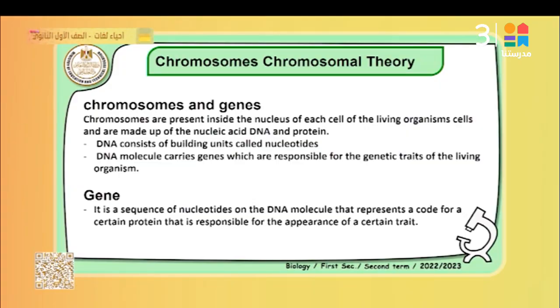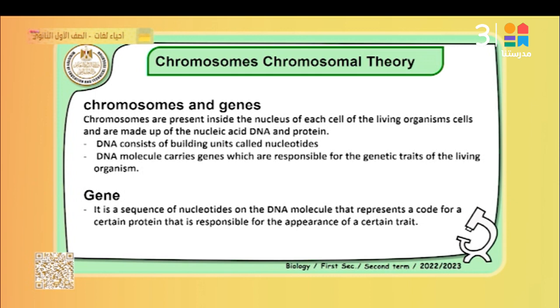Chromosomes and genes: chromosomes are present inside the nucleus of each cell of the living organism and are made up of the nucleic acid DNA and protein. DNA consists of building units called nucleotides. DNA molecules carry genes, which are responsible for the genetic traits of the living organism.